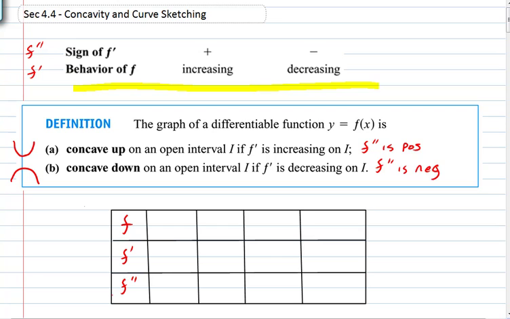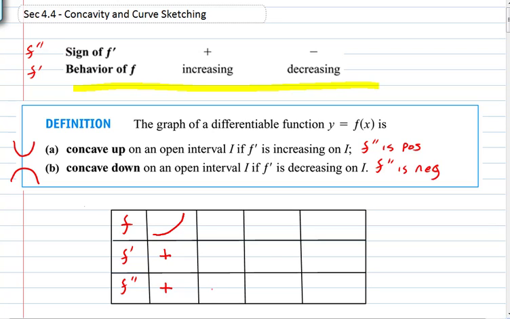All right? If the second derivative is positive and the first derivative is positive, that means that the function will be increasing because the first derivative is positive, concave up. Increasing concave up has this shape. Does that make sense? Increasing concave up.